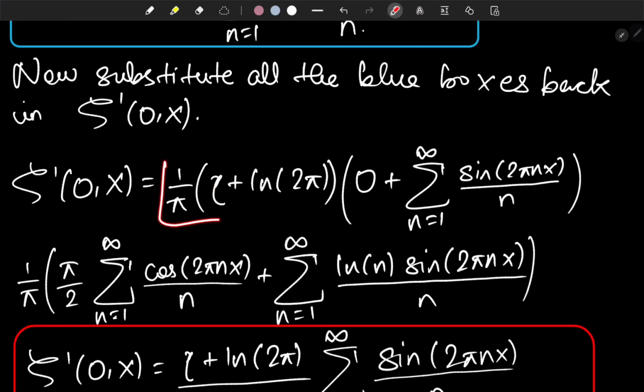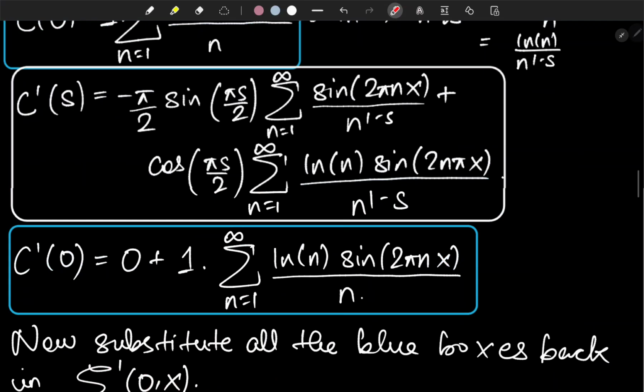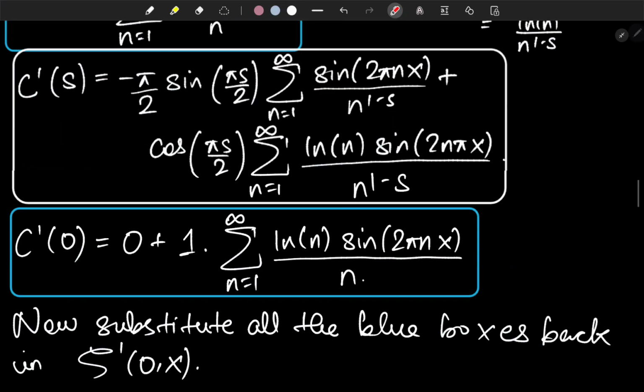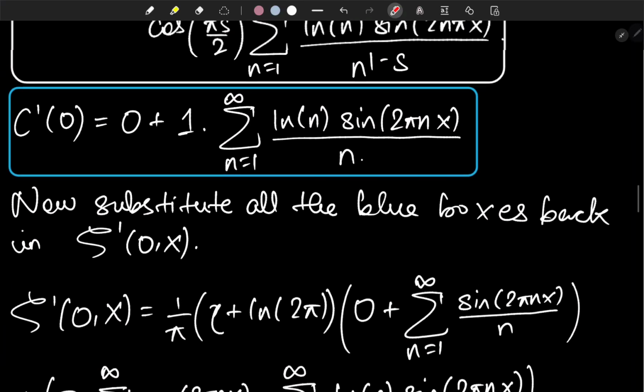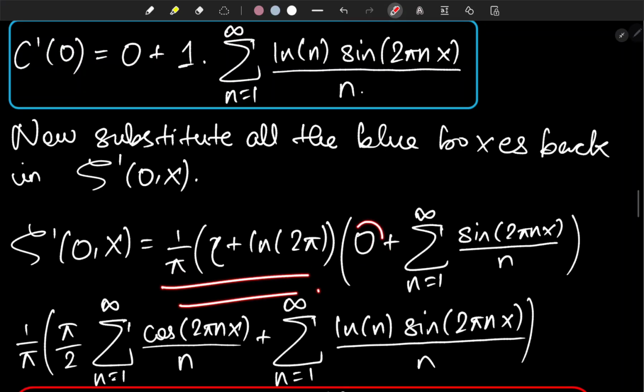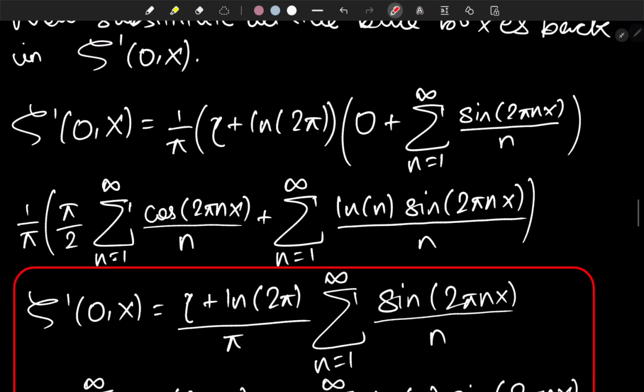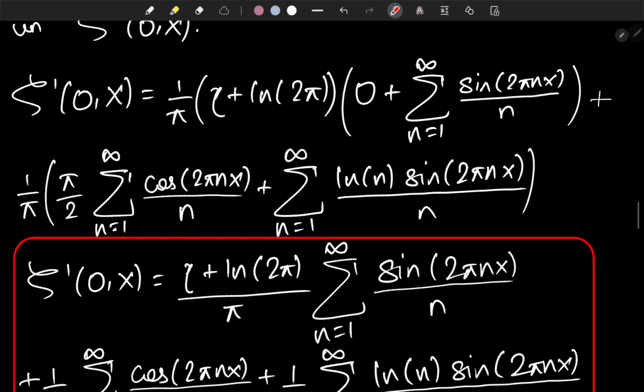This was your a dash of 0, just remember that. Here it is. So your a dash of 0, and the b of 0 was 0, and c of 0 was this part, and times, wait a second, I think I forgot the plus sign here. I think now it's good.